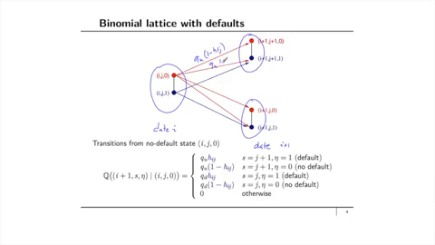Q_U times H_ij is the probability that you go to state j plus 1 and now you have defaulted. So instead of going from a red node, now you've gone to a black node. What about the down probabilities? They are the same. It's going to be Q_D times 1 minus H_ij. This is the probability that you start from state ij0 and go to state i plus 1, j0, meaning no default and no default at time i plus 1 as well.